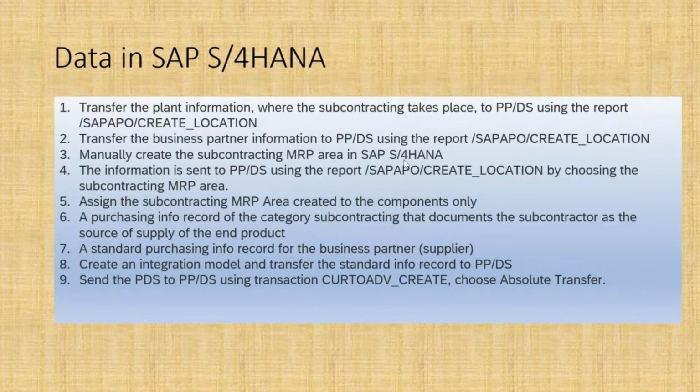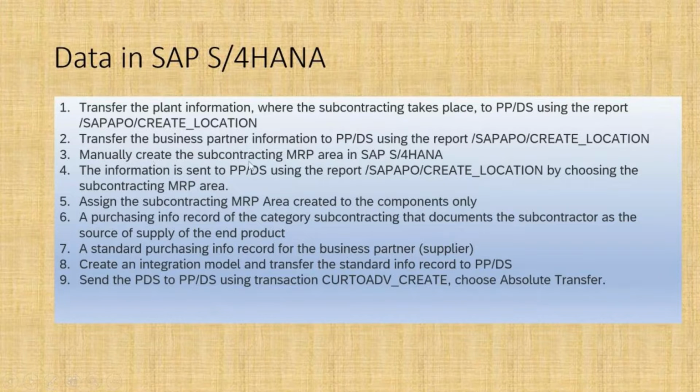What data do you have to maintain in S4 HANA for this scenario to run? Okay, so there are 9 points altogether. You have to transfer the plant information. So here we will be using 1710, that will be moved towards the PPDS side, which is already there by default. Okay, so I have already completed the steps. So you have to move the location, you have to move the business partner, which I just showed you in the previous slide.